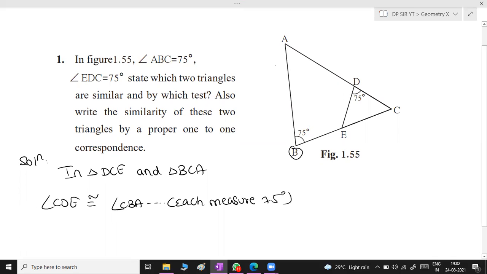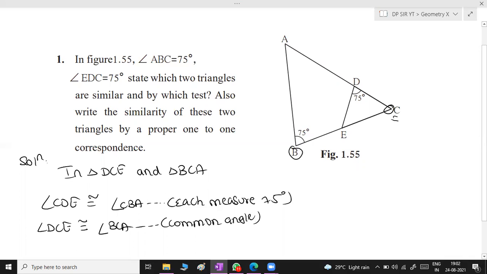Then if you see angle DCE, it is congruent to angle BCA, since C is common in both places. So angle DCE is congruent to angle BCA since C is the common angle.